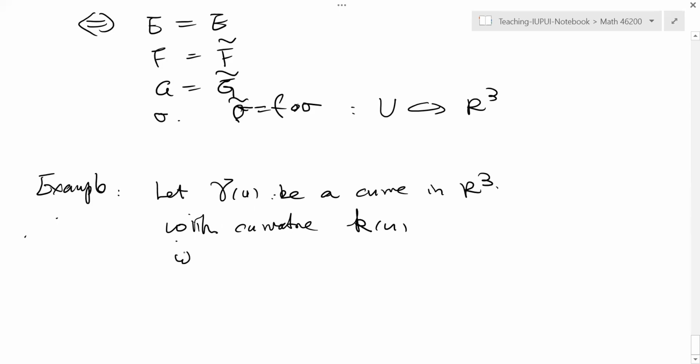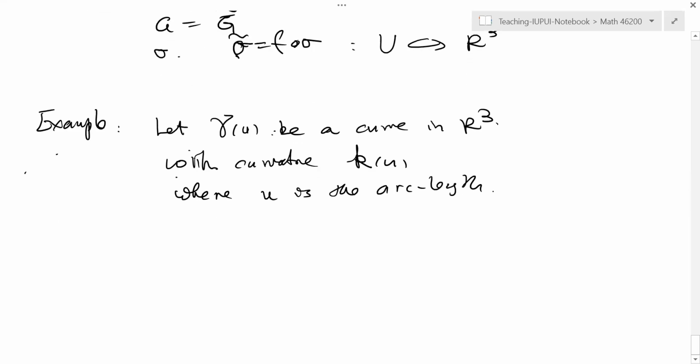Okay. And where u is the arc length. So that means gamma prime of u is always equal to 1. And that is given.